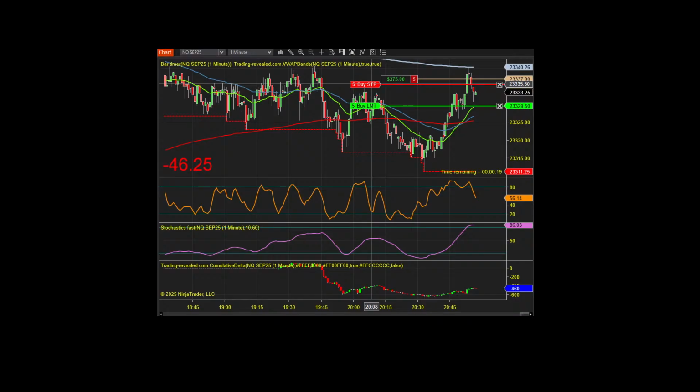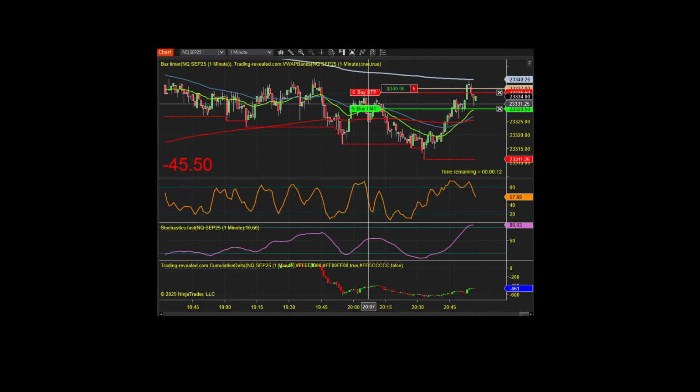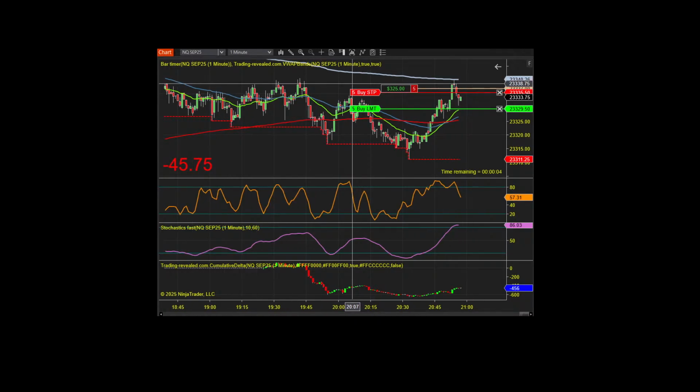This is a pretty basic trade. I mean, it hit VWAP and it's coming back down. But you know how this kind of shakes you out. But I do want to take in some profits.